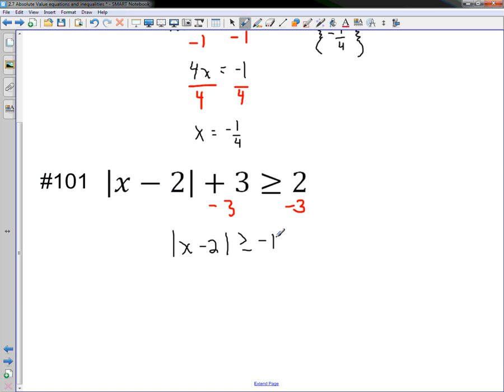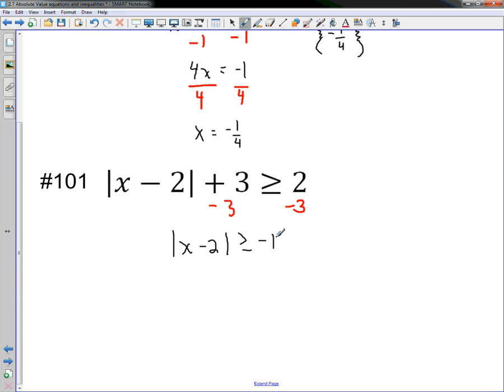Again, take a look at what this is saying. When is the absolute value of something going to be greater than or equal to -1? Well, we know that when we find the absolute value of something, it's going to be a positive value. So this is going to always happen. We're always going to find a value greater than or equal to -1.